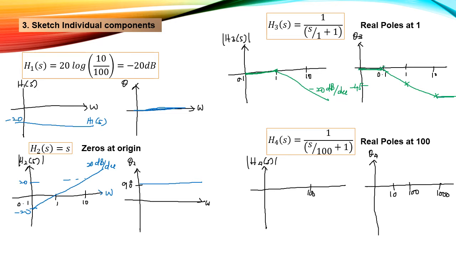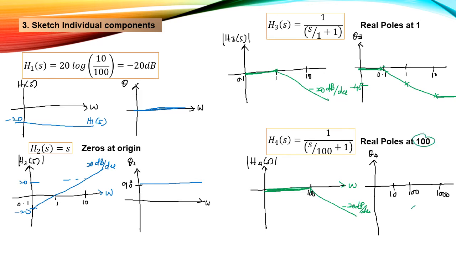Lastly, H4, you have poles at 100, so it will be 0 until 100. For poles it is a downtrend, so it goes down by negative 20 dB per decade. And how about the phase at that frequency?